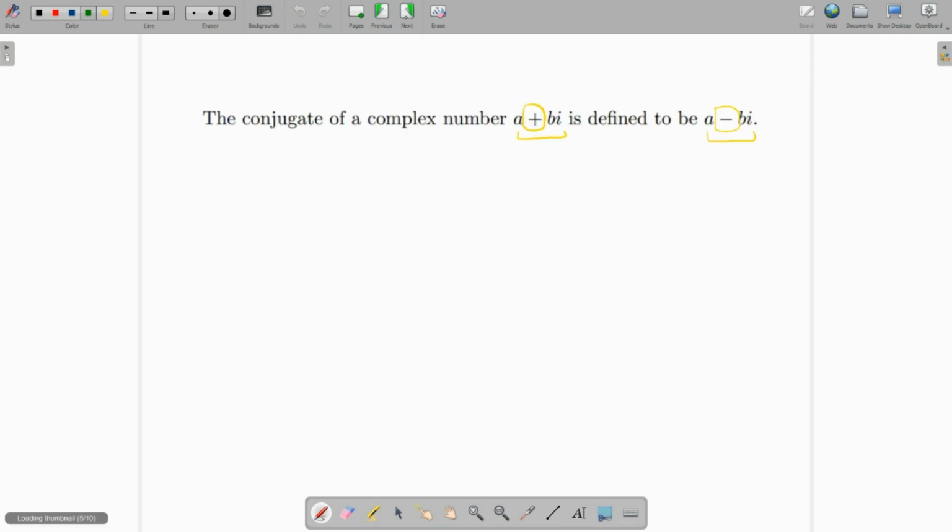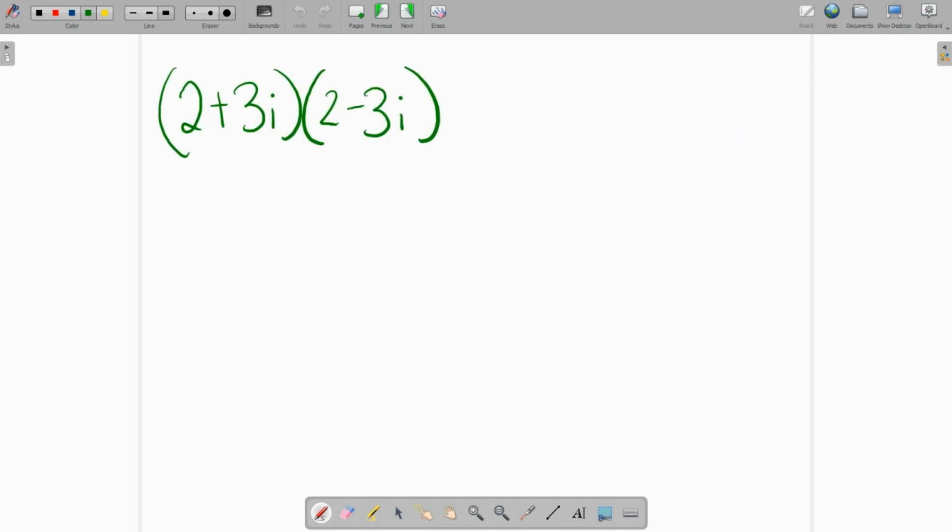If we expand and do the same thing we just did, which is the same property, x plus y times x minus y gives x squared minus y squared, we would get 2 squared, and then minus 3i squared.